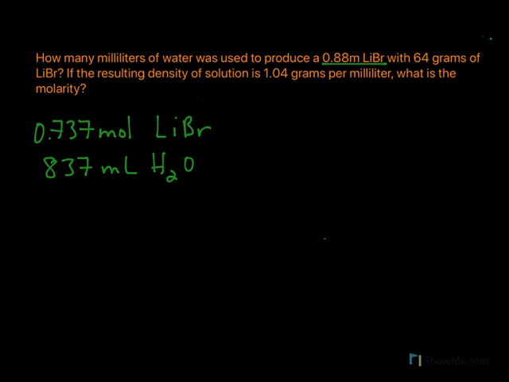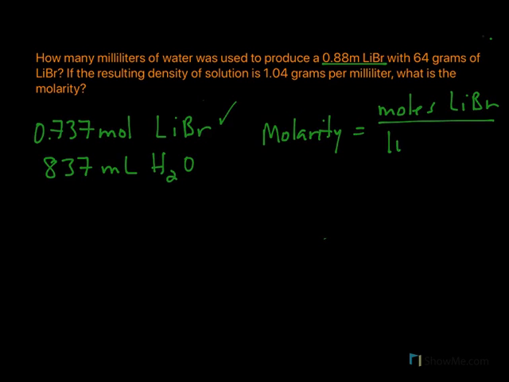To find molarity, molarity is equal to moles of lithium bromide, which we already have here, divided by liters of solution, which we need to find. To find liters of solution, we can find grams of solution first, and then using density, convert grams of solution into liters of solution.